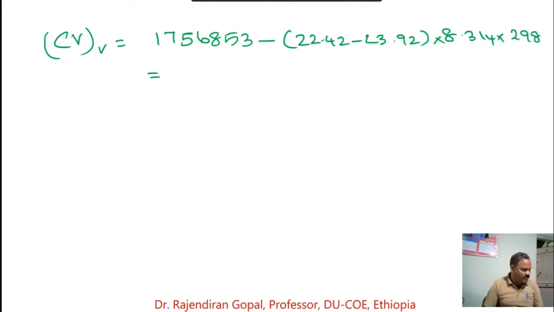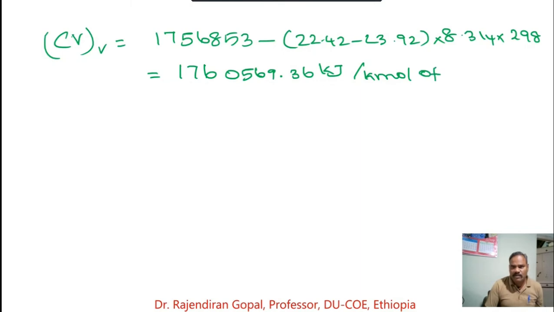We found that this calorific value at constant volume is equal to 1760569.36 kilojoule per kilomole of fuel.